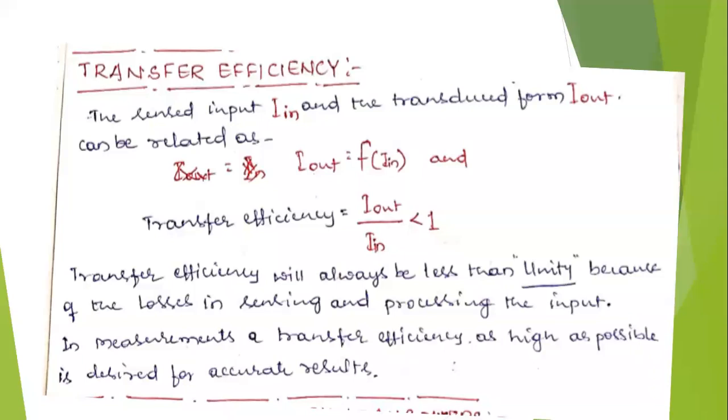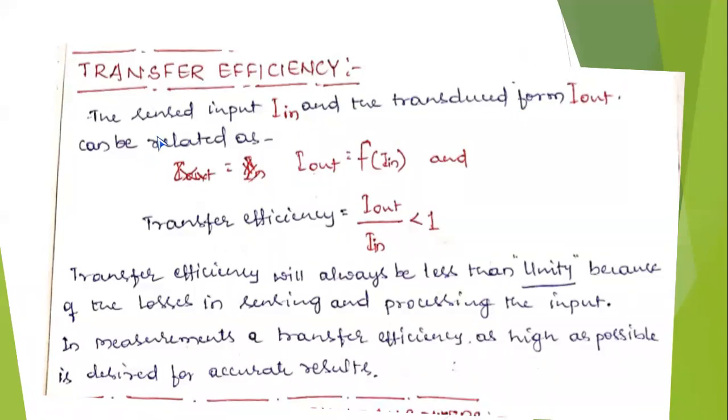The transfer efficiency is always less than 1, that is, less than unity.